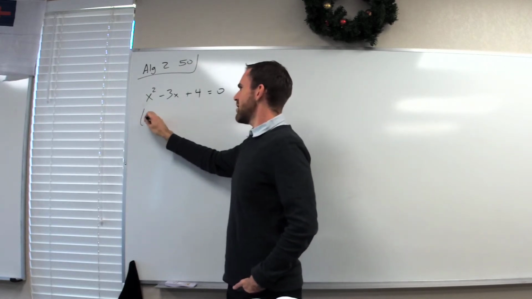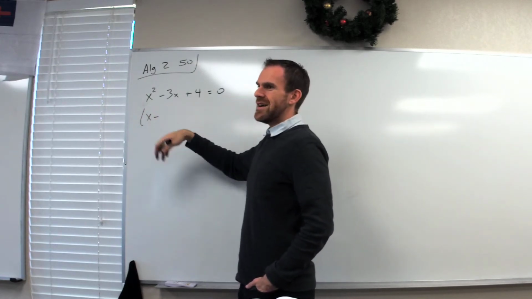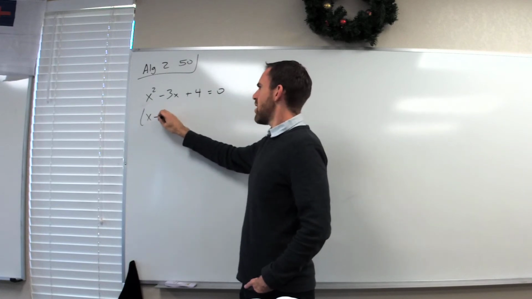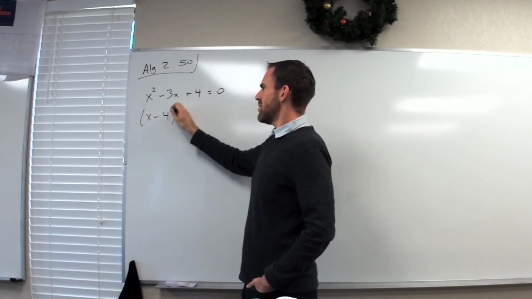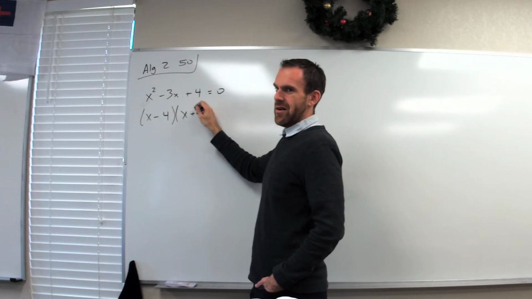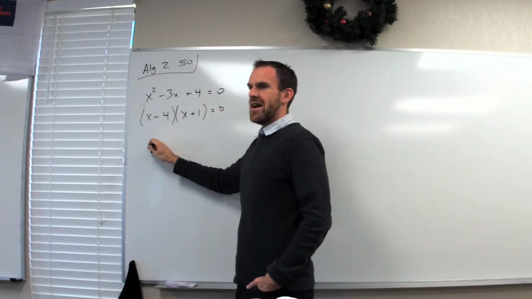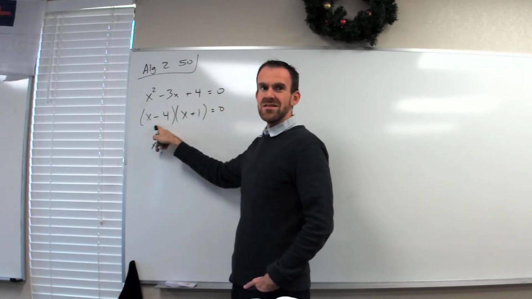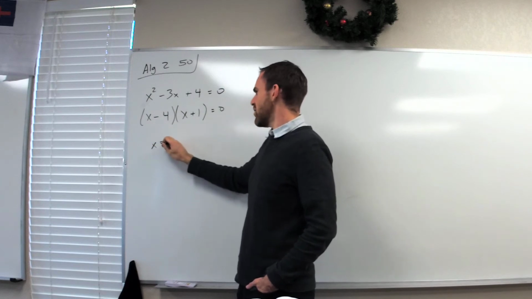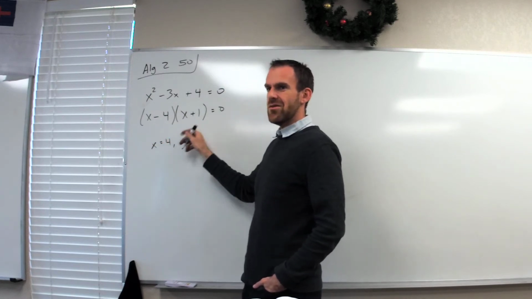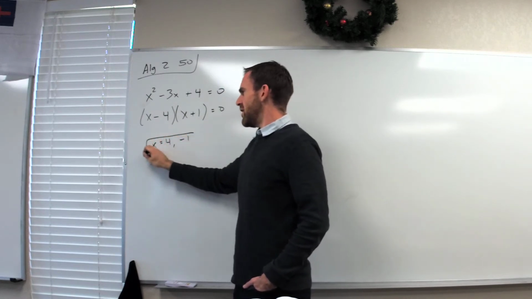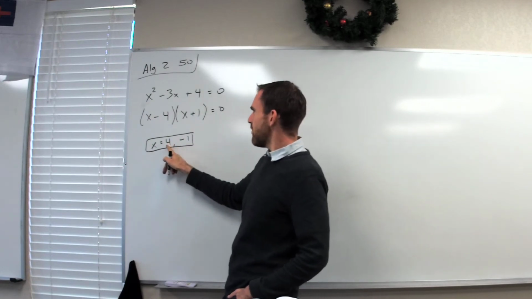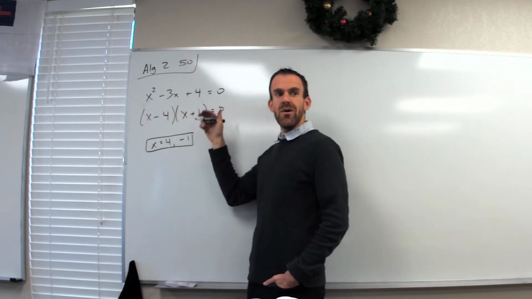X minus 4, X plus 1. So then X equals 4, or when this is 0, X equals negative 1. What I'm saying is that I can plug in 4 for X and get 0 out, right?